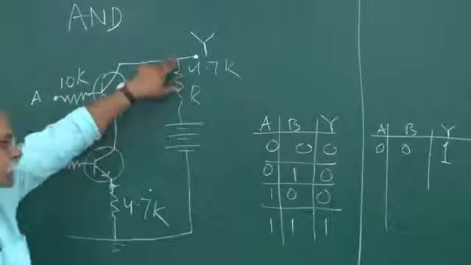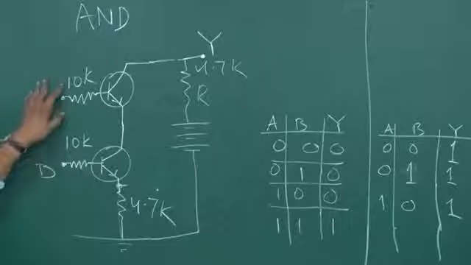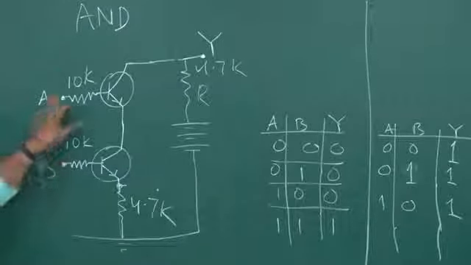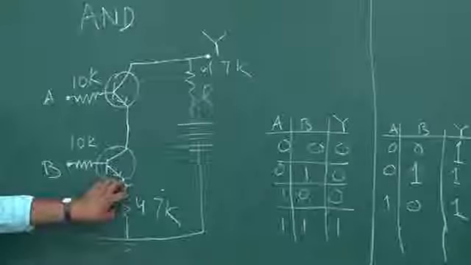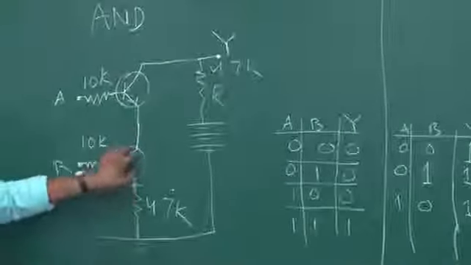So 0, 1 also gives me 1, and similarly 1, 0 will give me 1. And if both are 1, 1, A is high voltage, B is high voltage, then both the transistors are in saturation mode, both can conduct current, and therefore you do have a current.